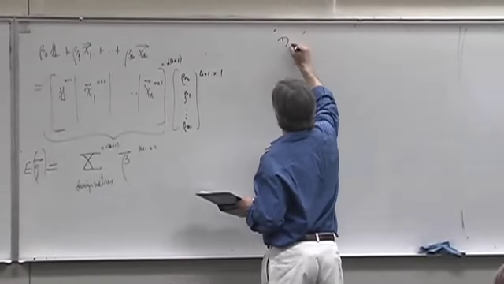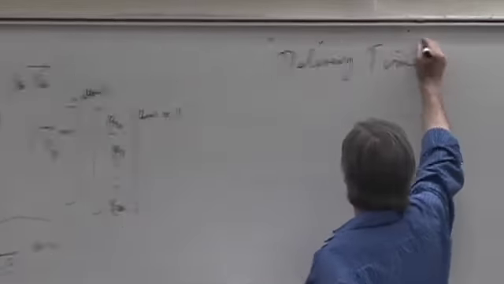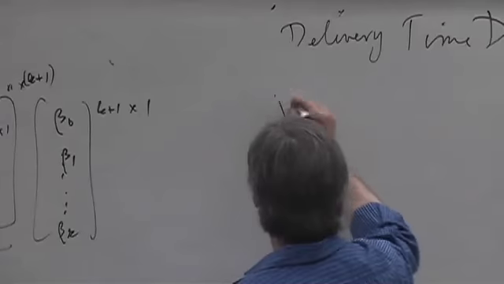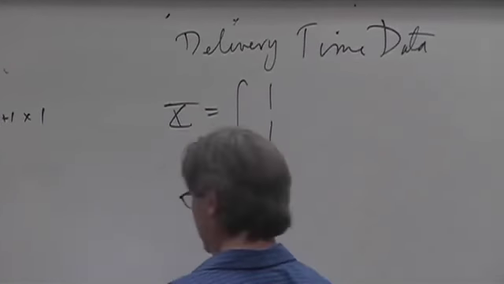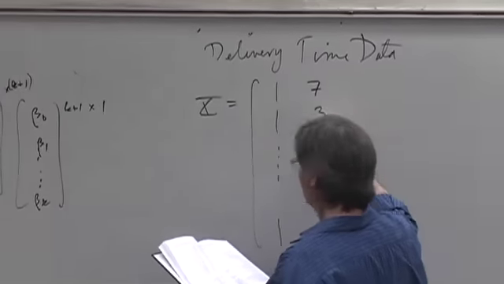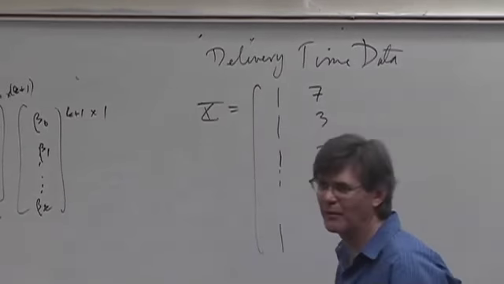So for the delivery time data, I have X equal to 1, 1, and so on, 1. And then there were the number of cases delivered, 7, 3, 3. So the first column is always 1s unless it's a no-intercept model.